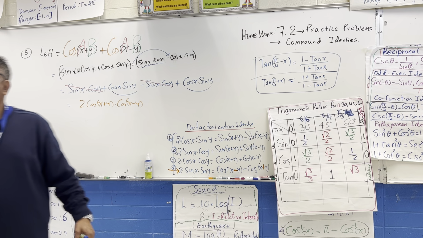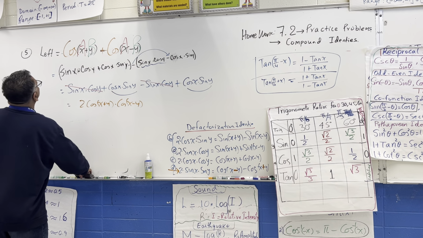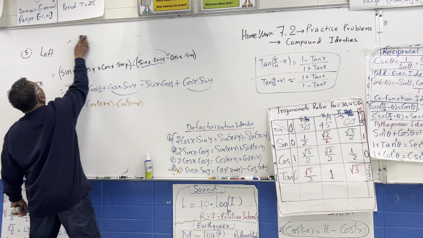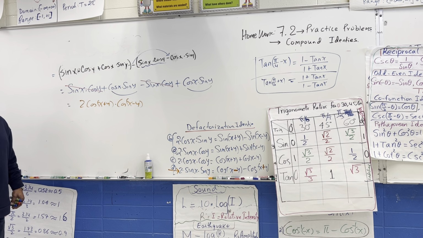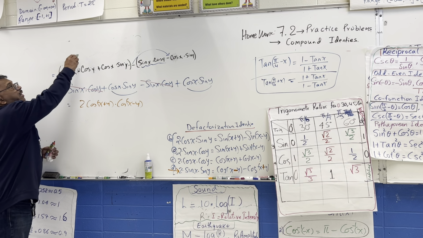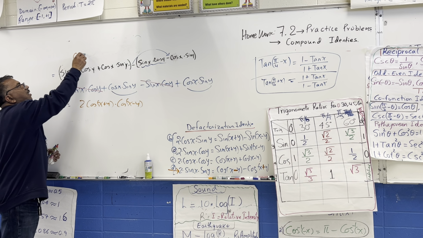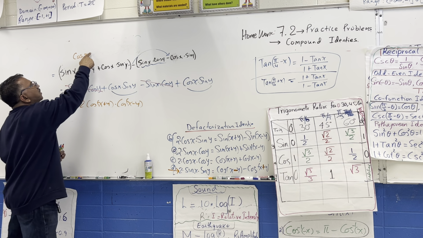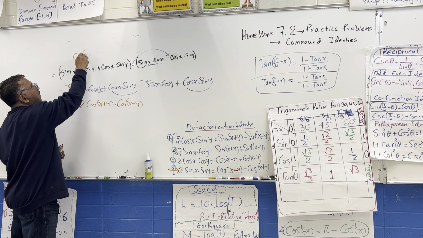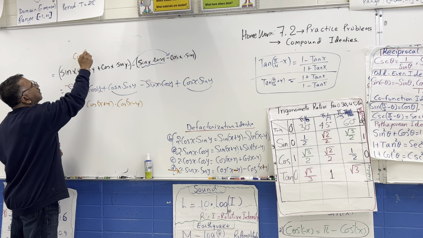Okay, so I just want to show this. That was only if they had to give us that one, right? If they had given us cosine of x plus cosine of y, what was that? I forgot.